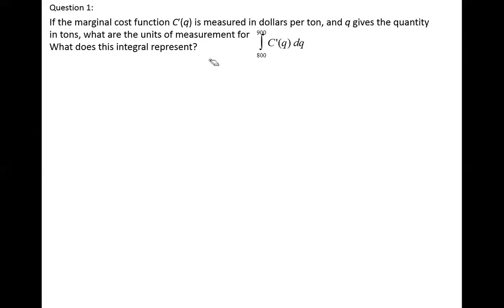That means we can write down that this integral from 800 units to 900 units of the marginal cost. Of course, we are integrating a rate, which is dollars per ton, and we are multiplying by tons, the quantity.